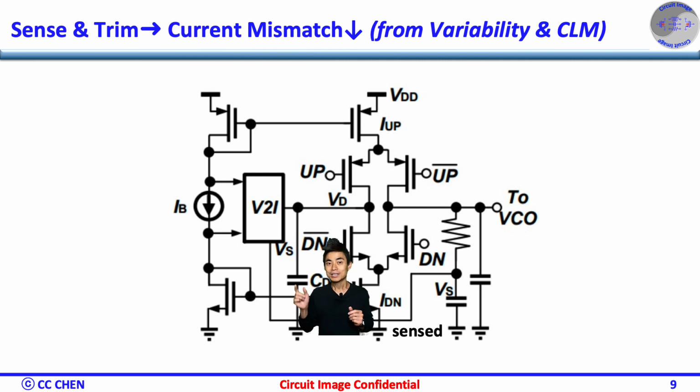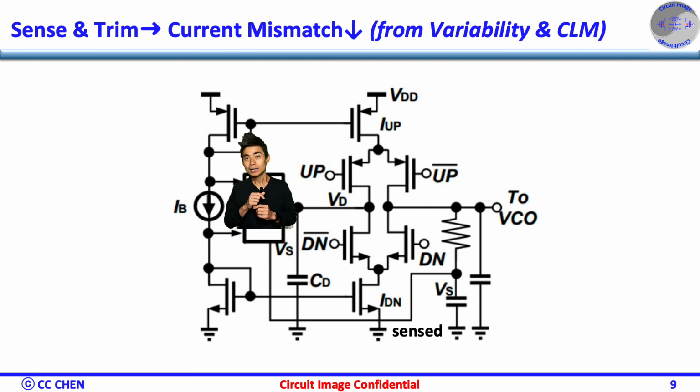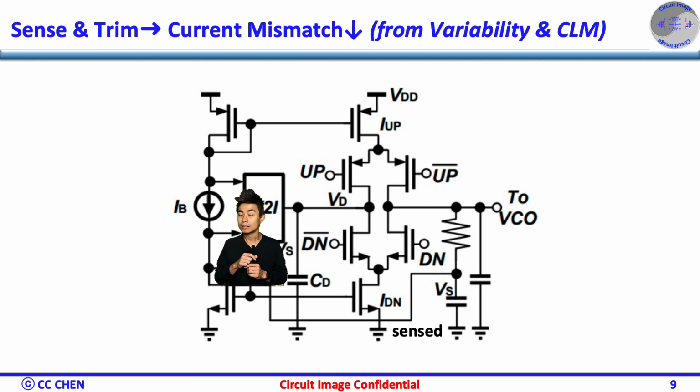For example, if the up and down current are not well matched, the error will be integrated on this capacitor. Then the error will be sensed by this V2I converter to adjust either the up current or the down current such that the currents can be matched.